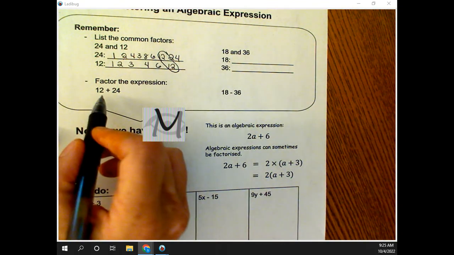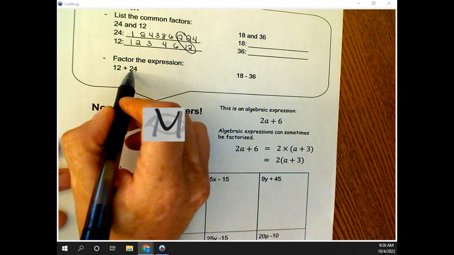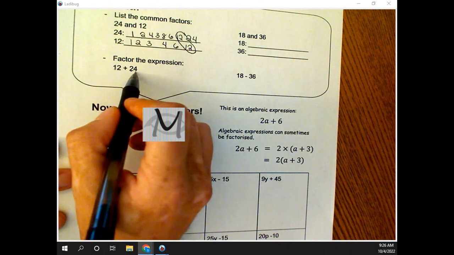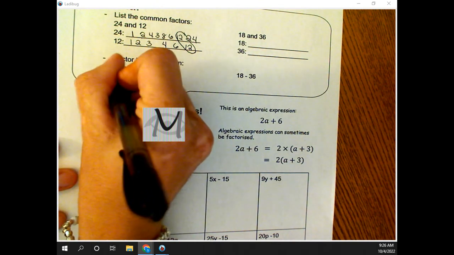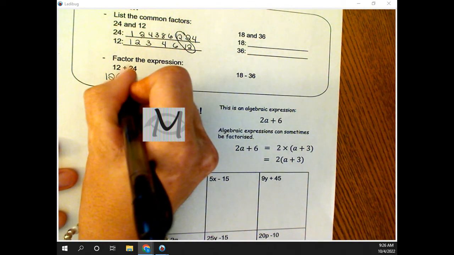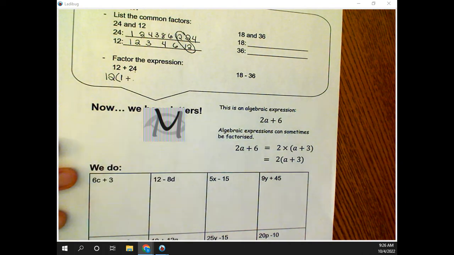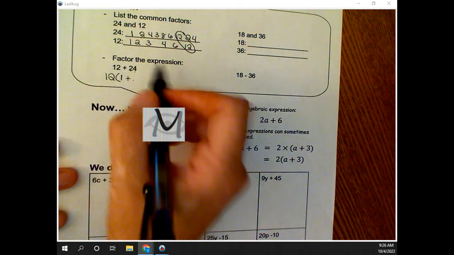So if I were to write this expression, I would know that the 12 would be the first one. So 12, I would pull out, and I would put 1 here plus, and how many times does 12 go into 24? 2 times.